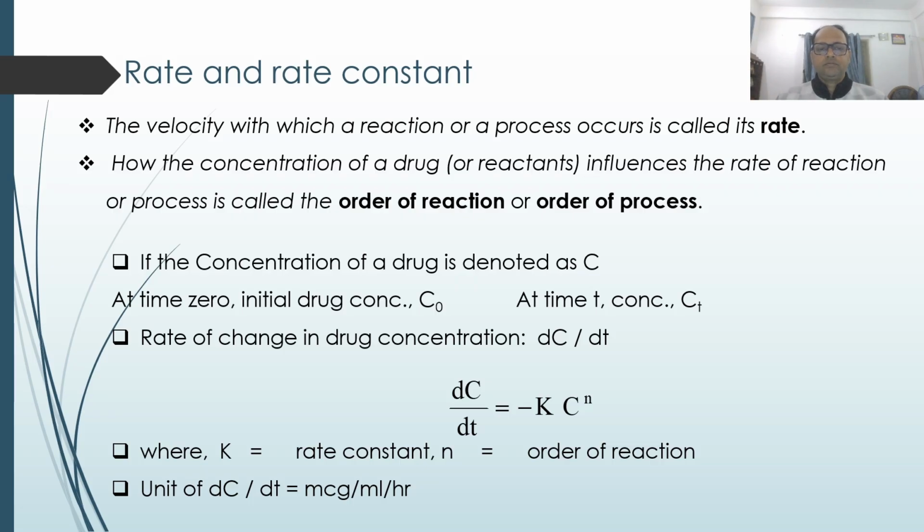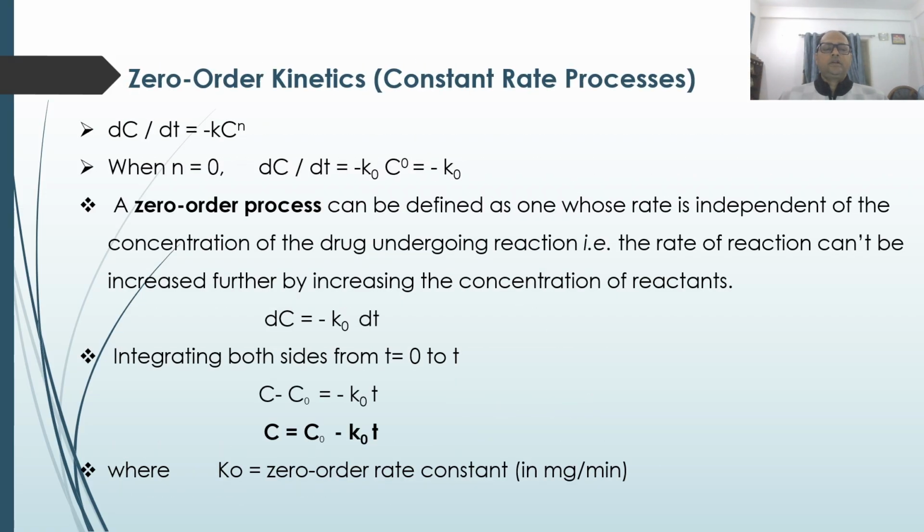The rate of change of drug concentration, that is dC by dt, is equal to minus k C to the power n, where k is the rate constant, n is the order of reaction, and the unit of dC by dt is microgram per ml per hour.